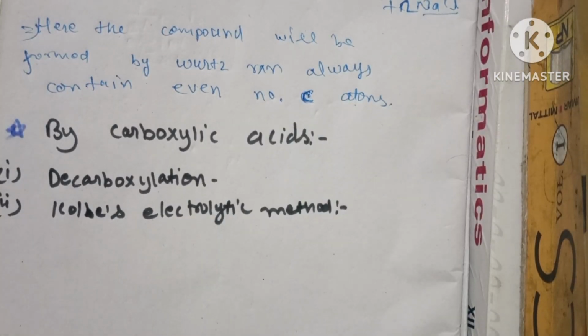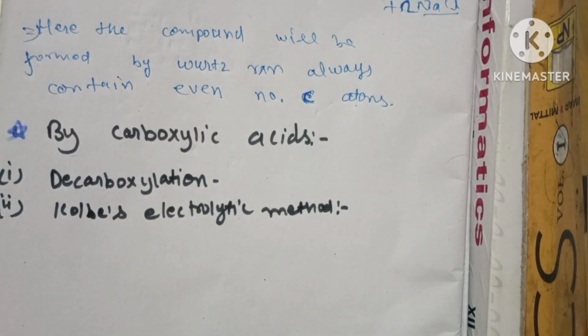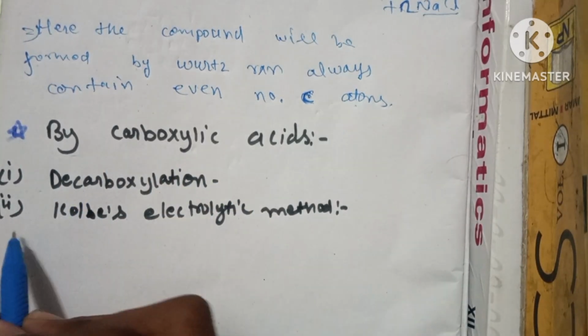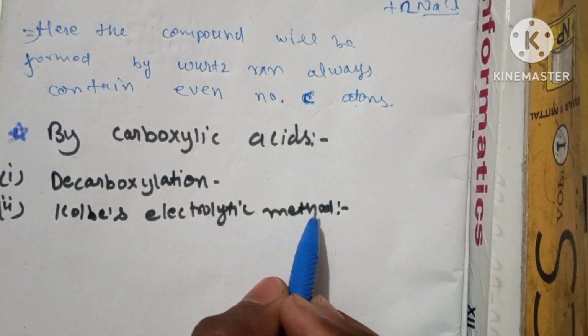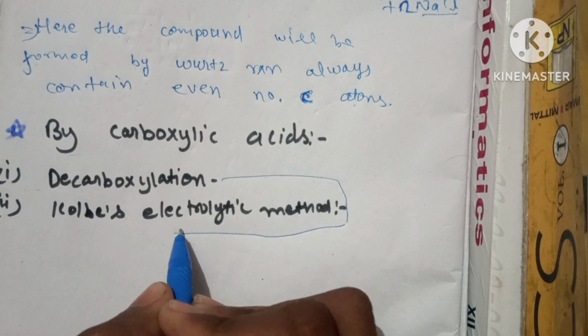Now the next process for the formation of alkanes is from carboxylic acids. So the first process is decarboxylation and the second is Kolbe's electrolytic method. So firstly we will understand what decarboxylation is.